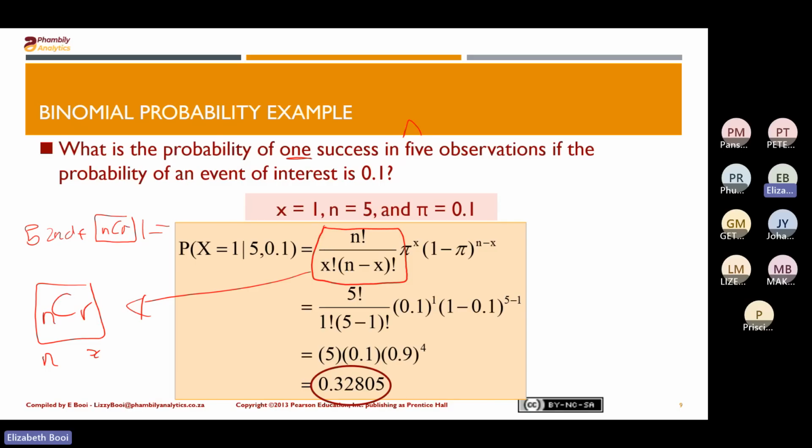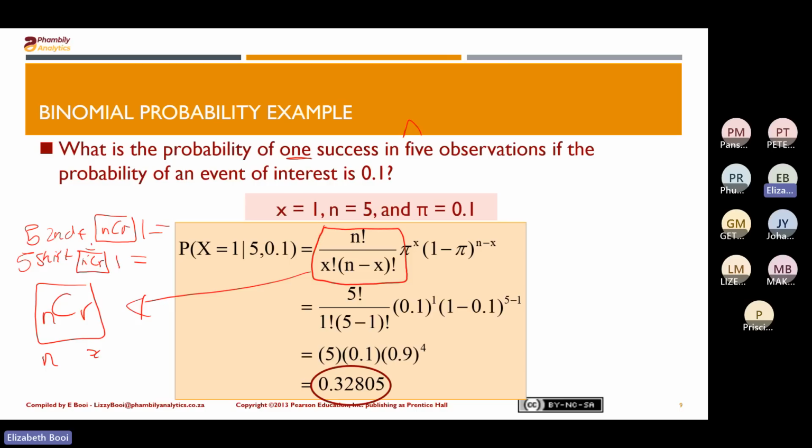So for a Casio calculator, you will press 5, shift, and then the division button, which has the nCr function, and you will press 1 and then press equal. That will give you the same.